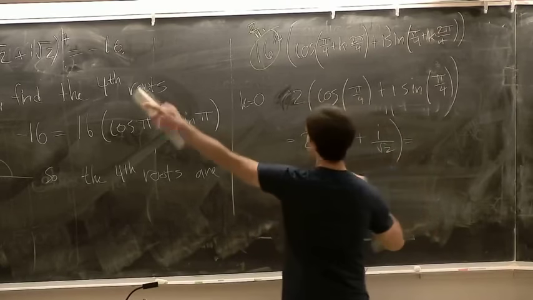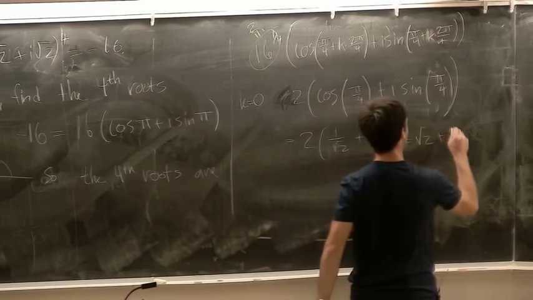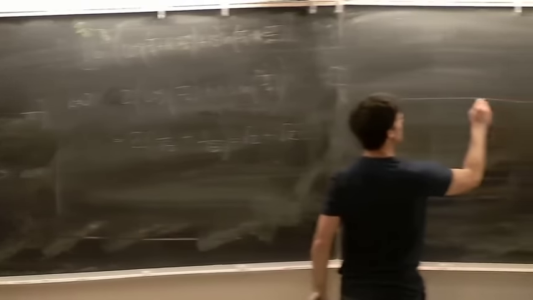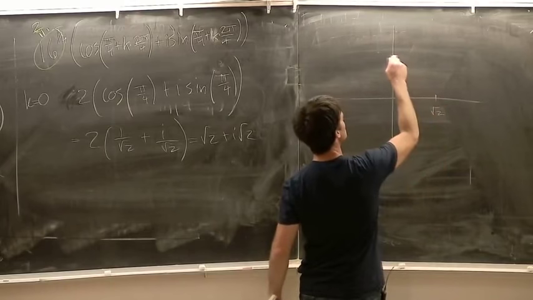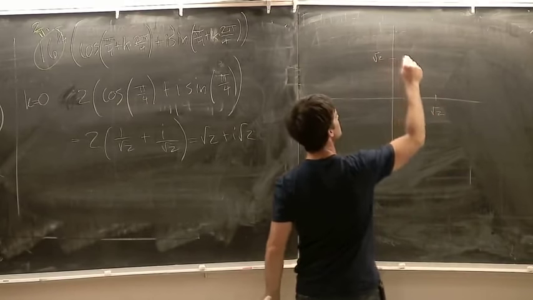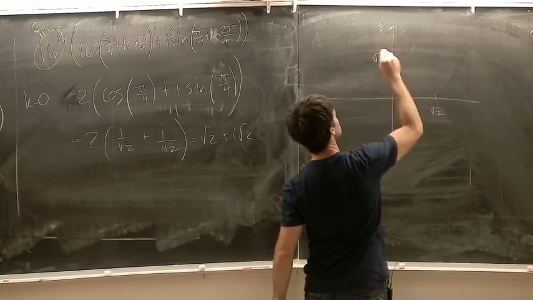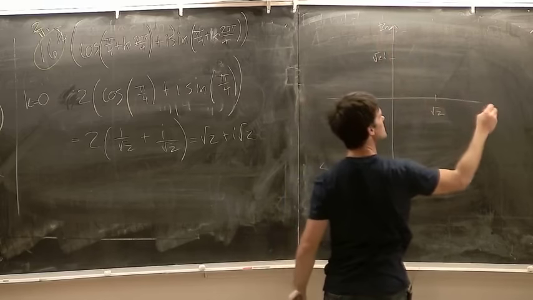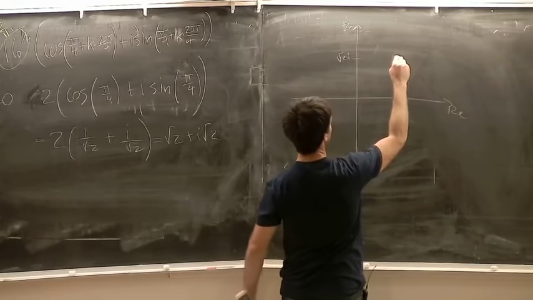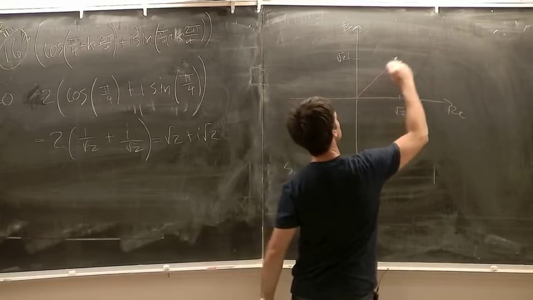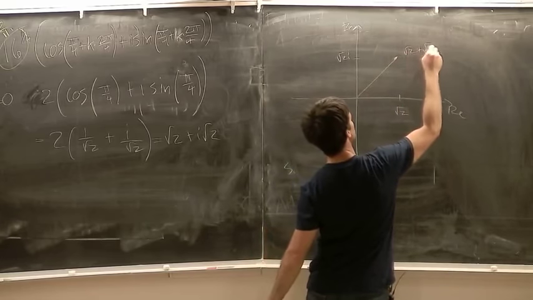Or, well, we already know what it is. It's root 2 plus I root 2. So here, let's say this is root 2. This is root 2 on the imaginary axis. So that's right here. Root 2 plus root 2i.